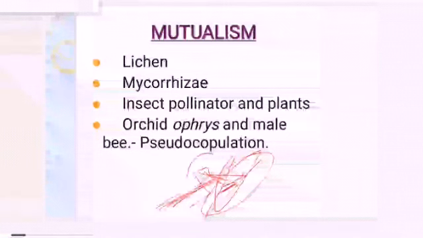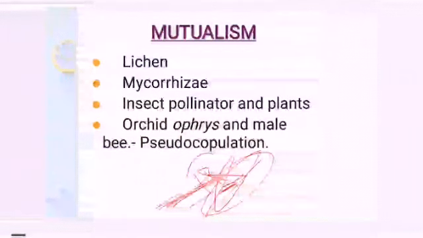Our dresses, when touching a flower and then touching another flower, can carry the pollen grains, or the birds, honeybees, butterflies which go and pollinate different flowers are animals which are helping the plants. So plants are also benefited because pollination is taking place, transfer of pollen grains is taking place, you would have learned, isn't it? So the insect pollinators and plants are a very good example for what?